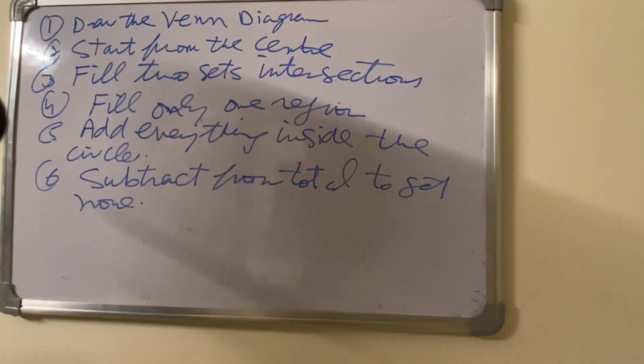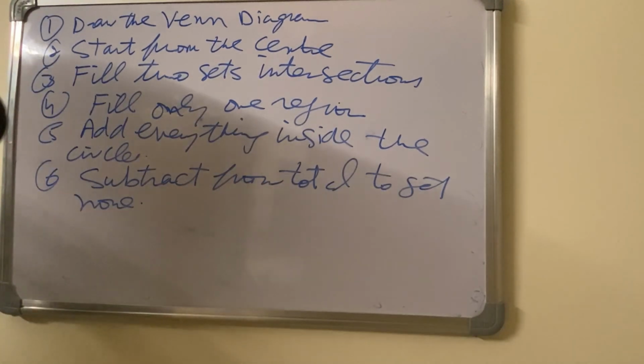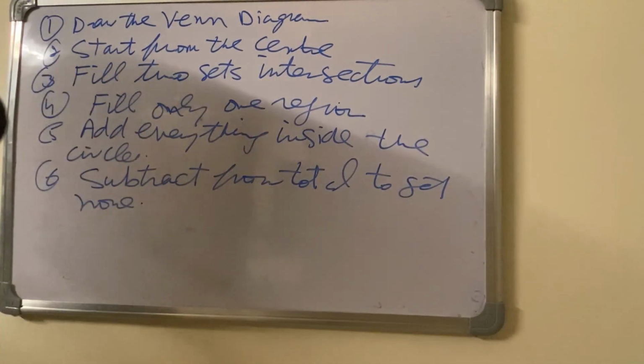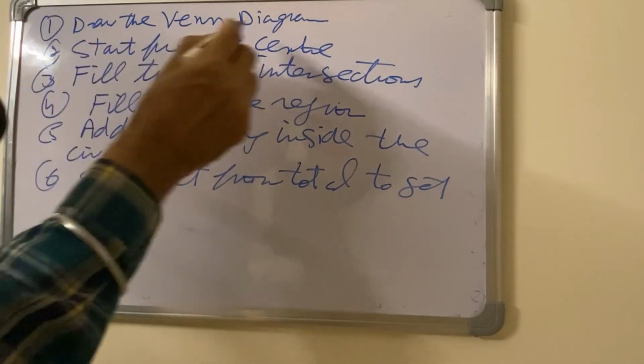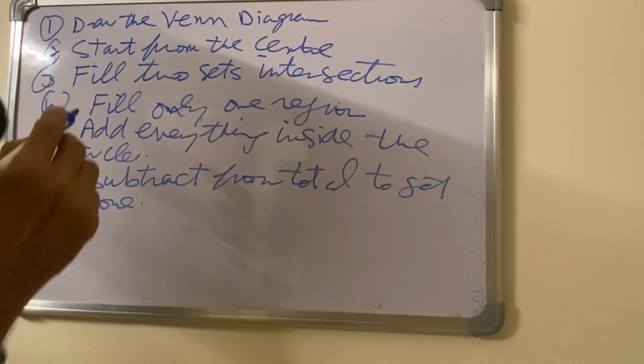Once again, we see the step-by-step procedure which is to be followed when we want to solve a word problem involving three sets using Venn diagram. First of all, draw Venn diagram. Second, start from the center of the Venn diagram.